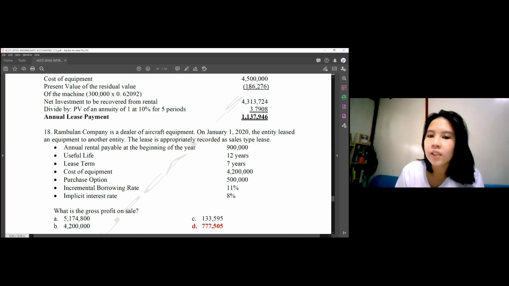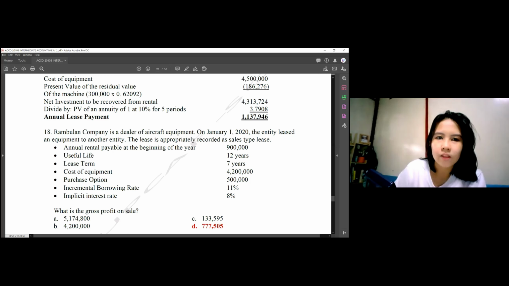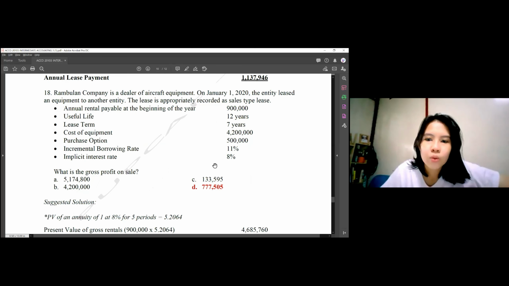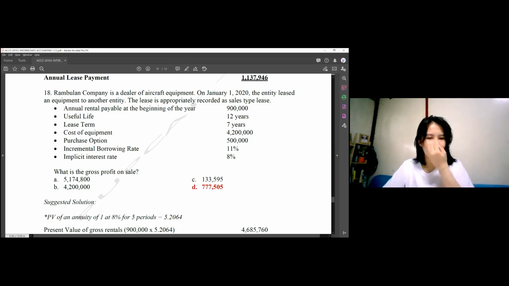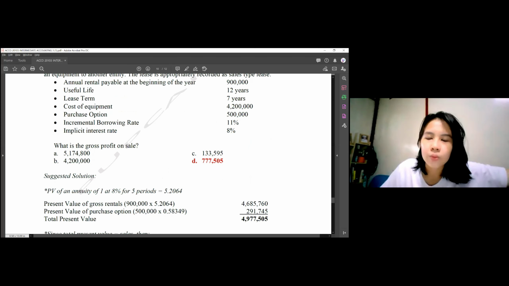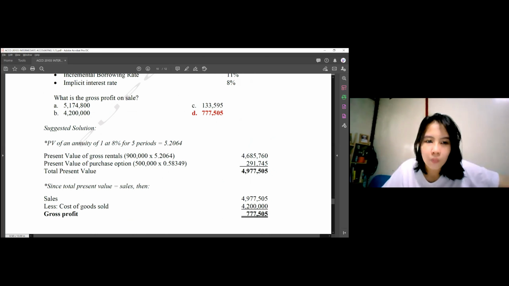Mentioned naman siya explicitly, as you can see, 4.2 million. So, deduct lang natin and we'll get 777,505. So, that will be the same as this one. Ito yung dinescuss natin kanina. As long as you know how to compute for present value factor, hindi ka mawawala. Basta remember lang din talaga yung FAVE GAMBE.